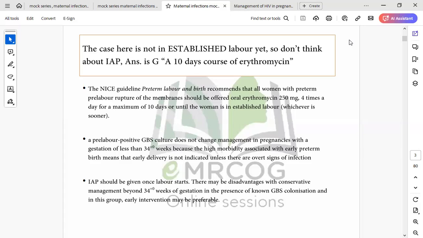So the most important thing is to give her a 10-day course of erythromycin. If we can give her a 10-day course of erythromycin, this would be great. But we are going to start the erythromycin, and then she can have delivery anytime. This is for her own protection.